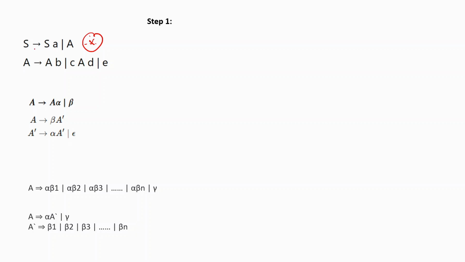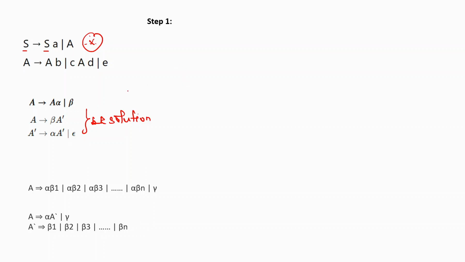When you see this grammar, the left side non-terminal and the right side non-terminal have the same non-terminal symbol. So this is left recursion, and this is the solution for left recursion. We have to remove the left recursion from this particular production.